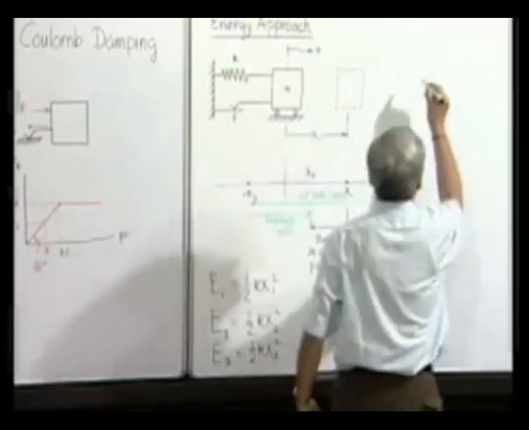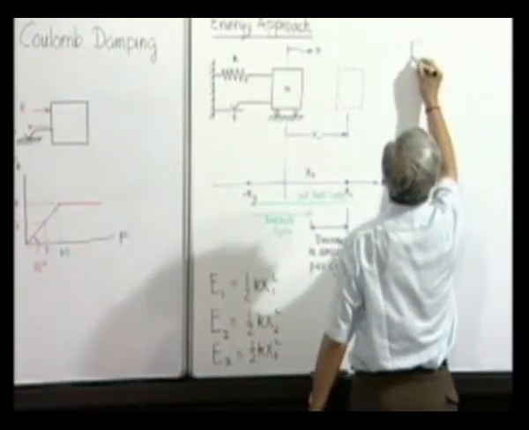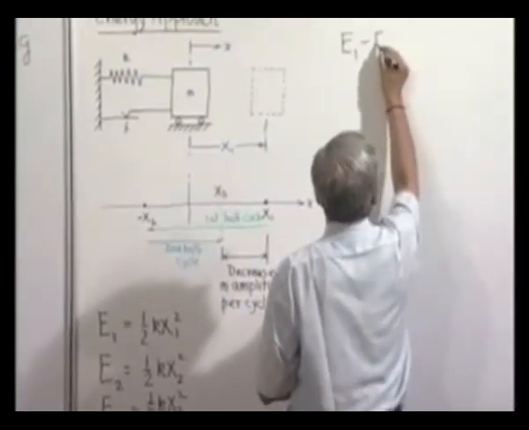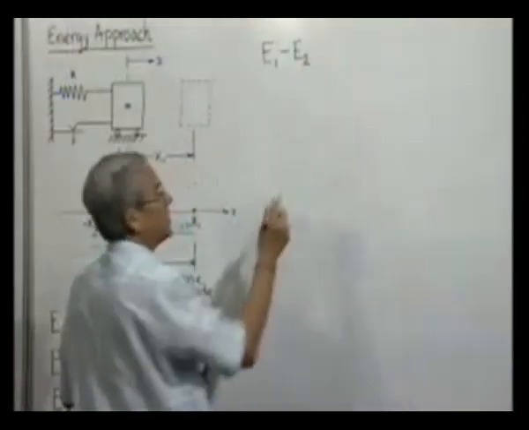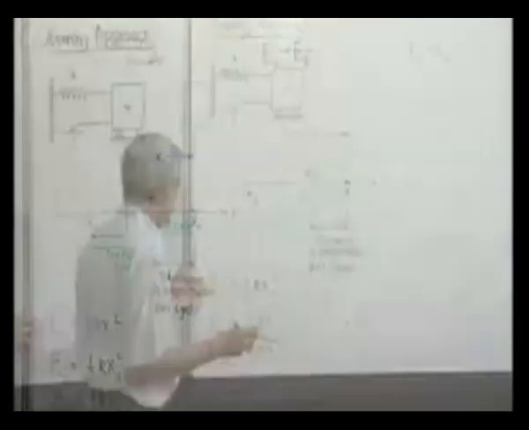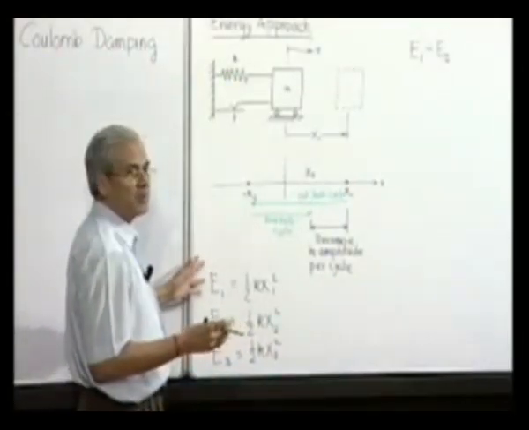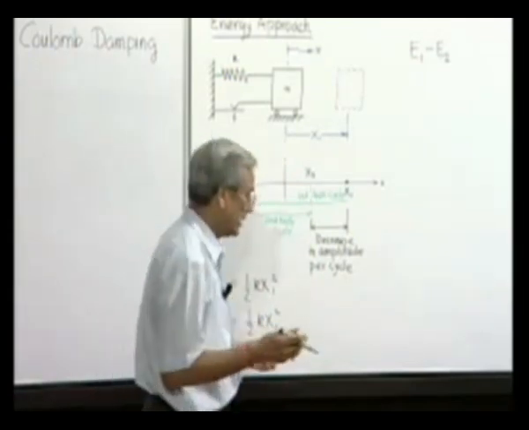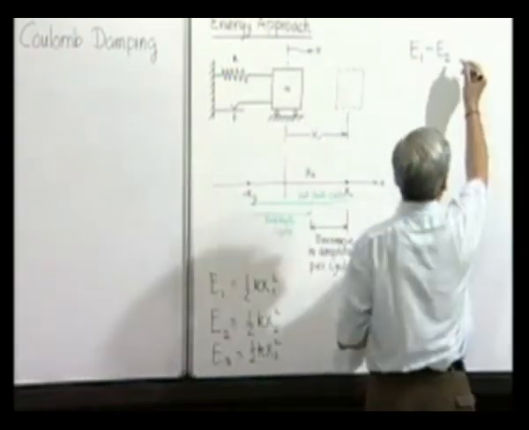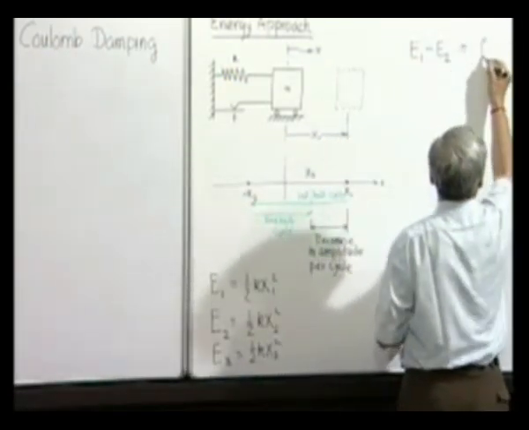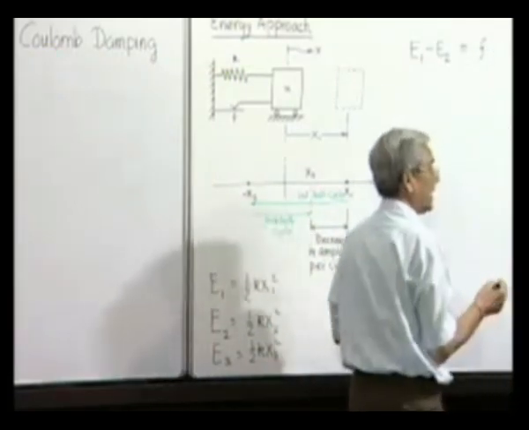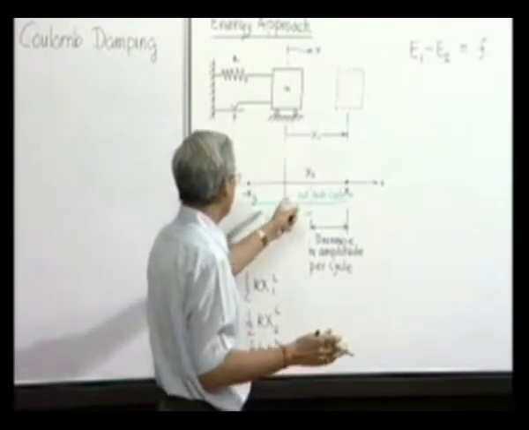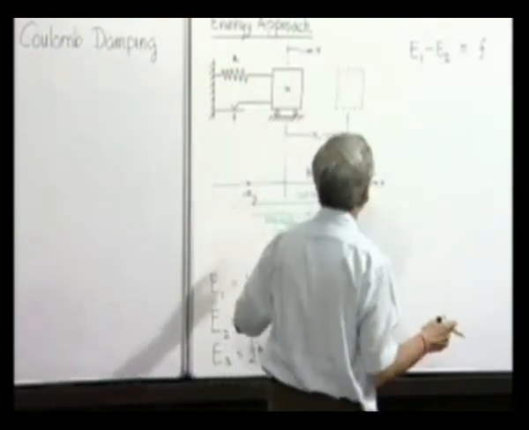So energy lost due to friction in the first half cycle is nothing but the difference between E1 and E2. And this energy lost is nothing but the work done by the friction force, which is constant F, multiplied by the total distance traveled by the block, which is again nothing but x1 plus x2.